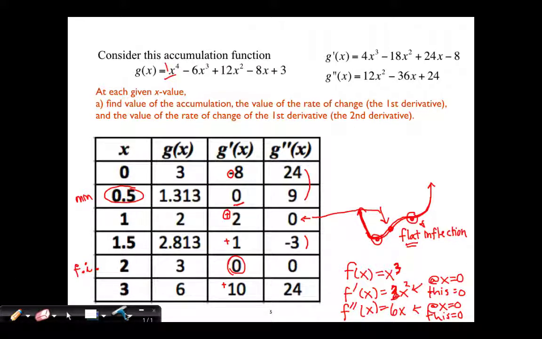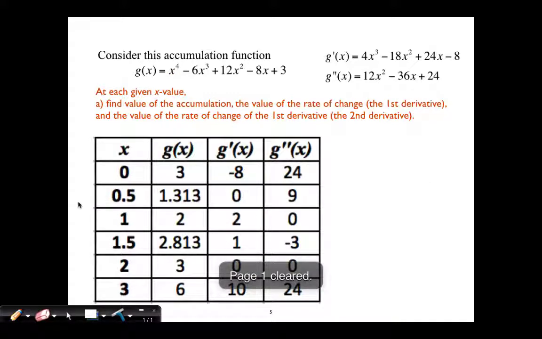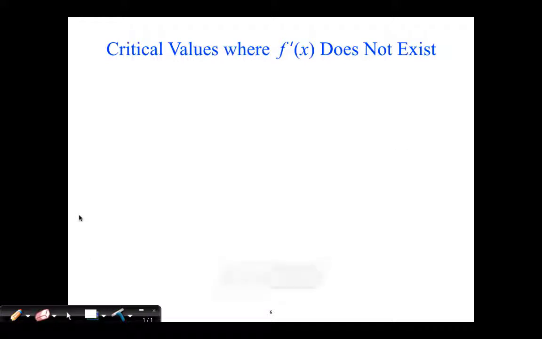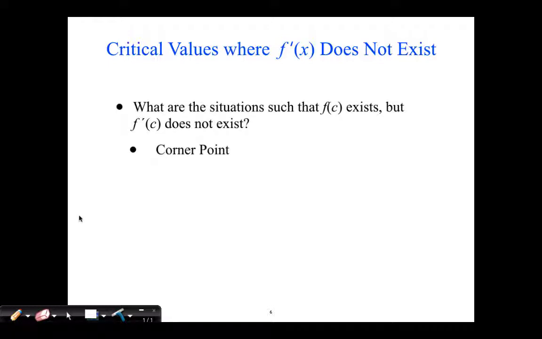All right, so on to something else then. Just talking about places where the first derivative doesn't exist, you can have corners. You can also have places that aren't corners. So finding that the first derivative doesn't exist doesn't necessarily mean you have a magical, hard to locate max or min.